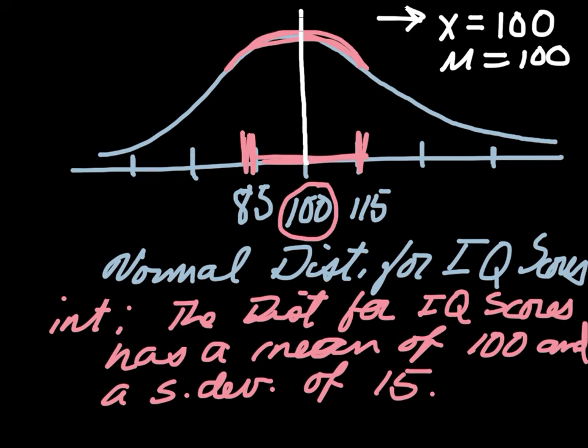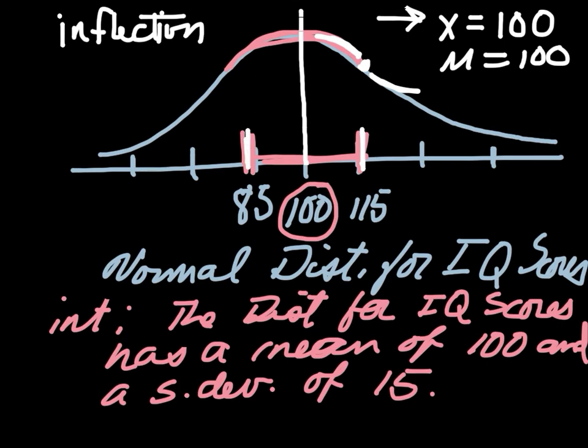What's an inflection point? Well, an inflection point is the point where a graph switches from being curved down to being curved up. And so in normal curves, inflection points always are one standard deviation above or below.